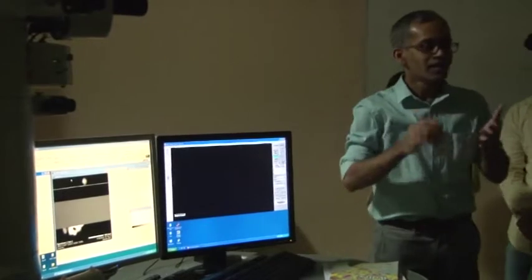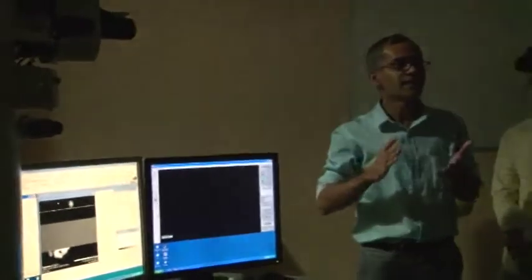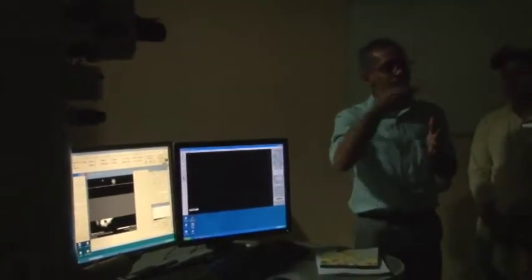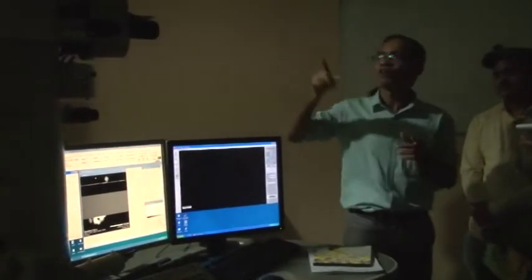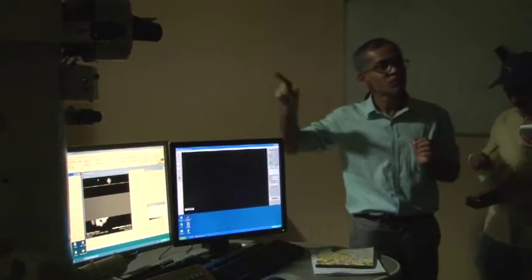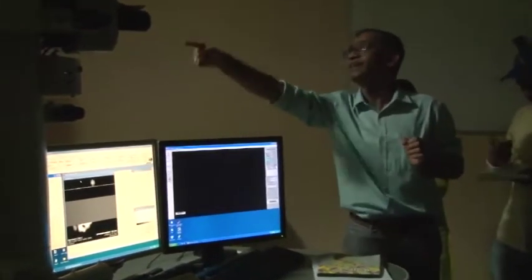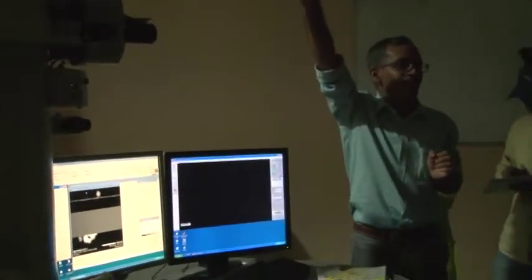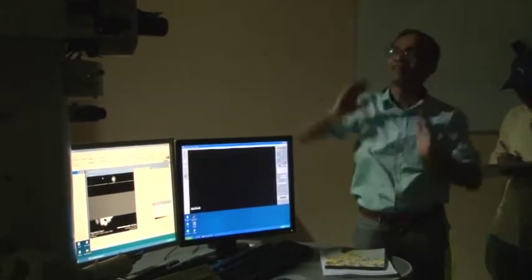That is an accelerator that generates high voltage. Our machine is working with 200 kilovolts. So that 200 kilovolts is generated there and then it is supplied to the gun. Okay, so that is the gun part.